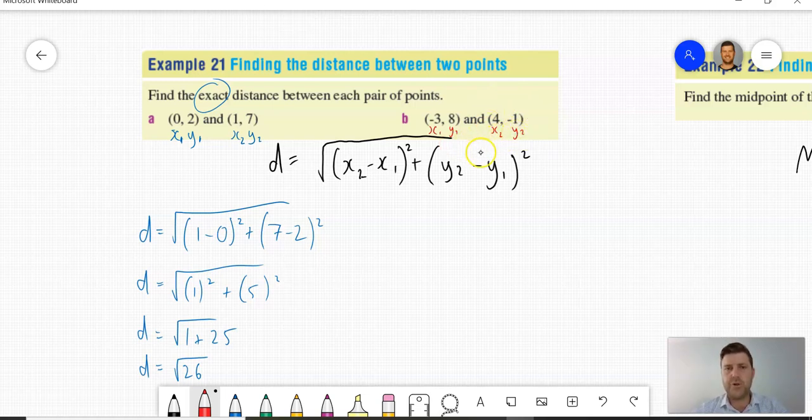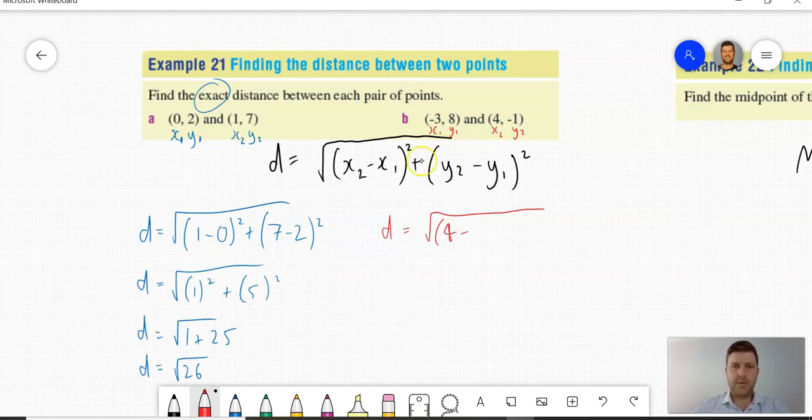Go ahead and substitute those into the distance formula. So d equals square root of x2, I've got 4, take, okay, keep the take sign from the formula, take x1, which is -1, so -3, my apologies.